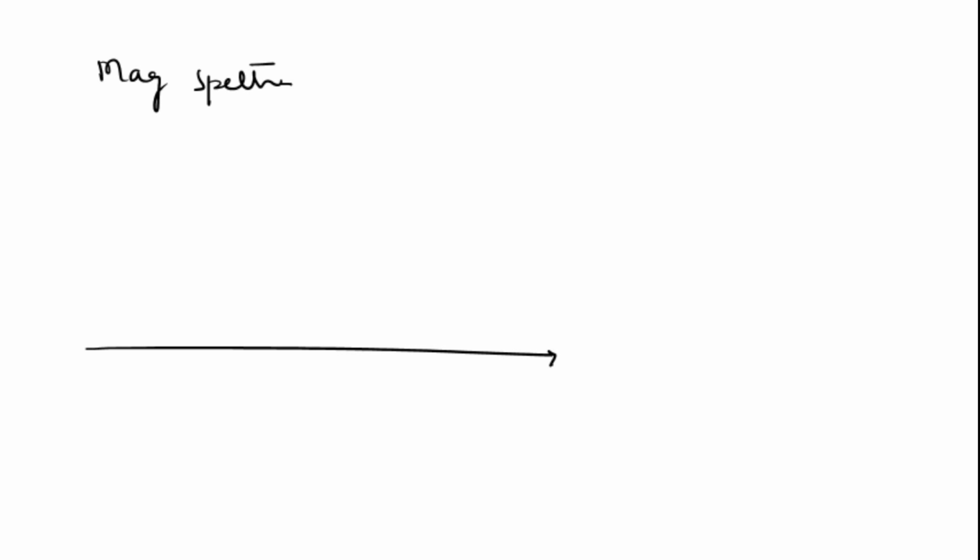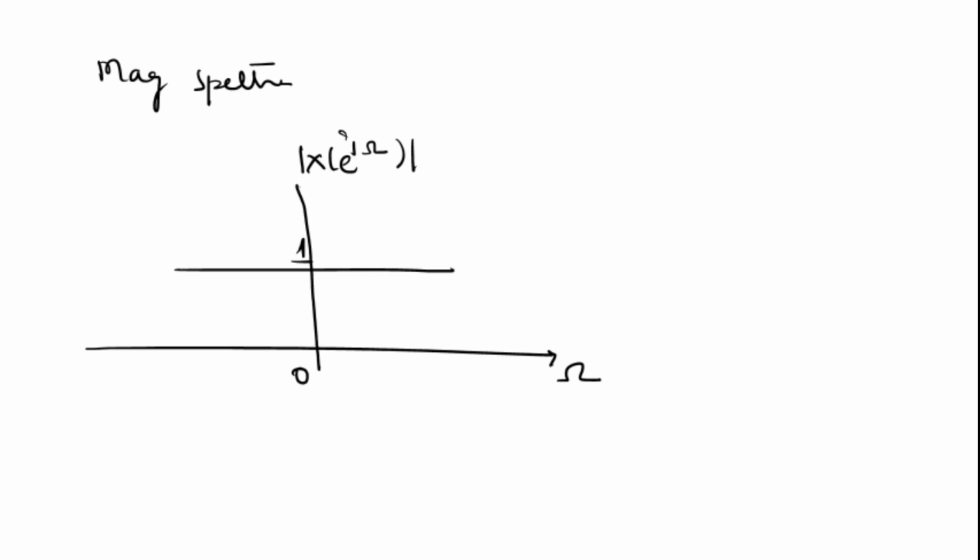Then the magnitude and phase spectra for one complete cycle, we can draw it as this is the magnitude spectrum. Magnitude is 1, this is omega. It is 1, magnitude of X of e power j omega, from minus pi to plus pi.